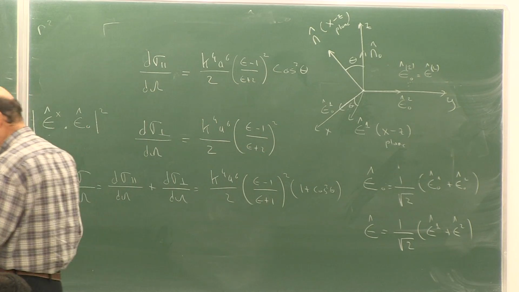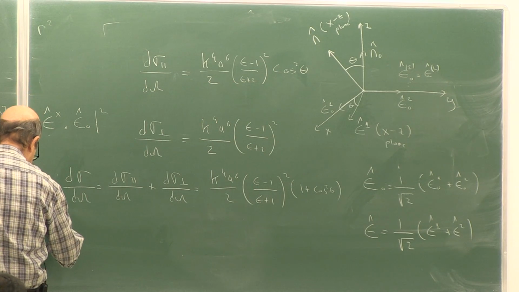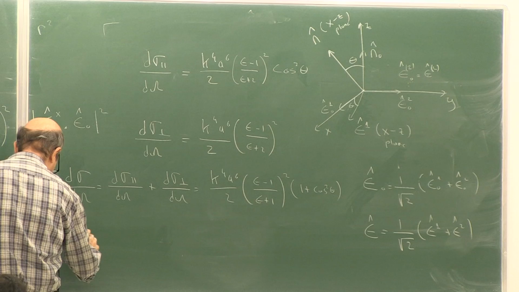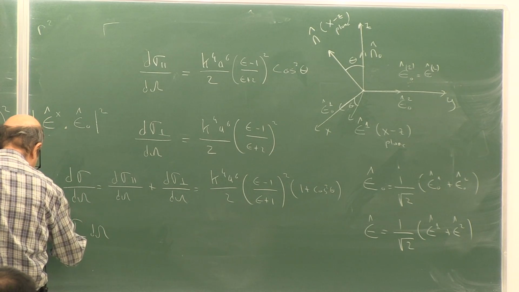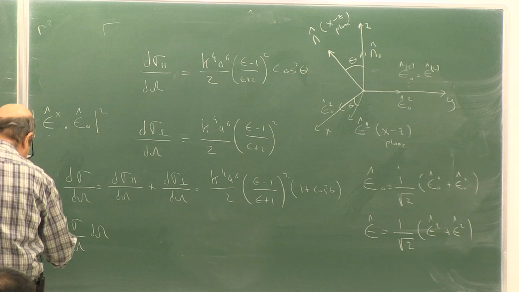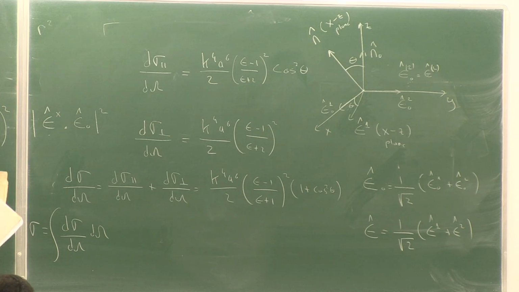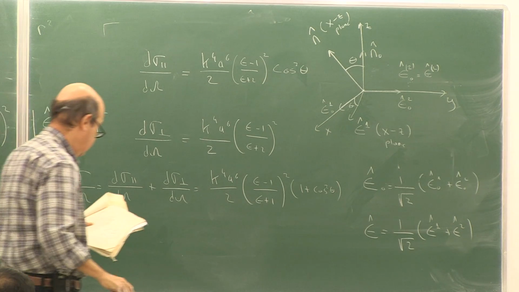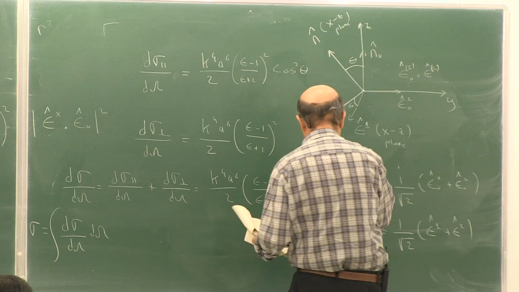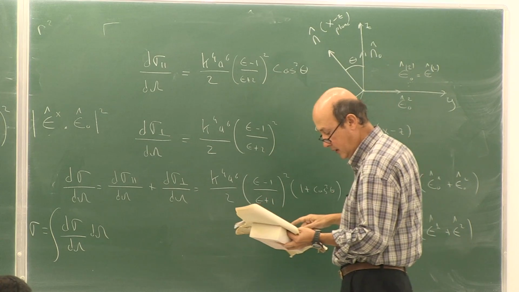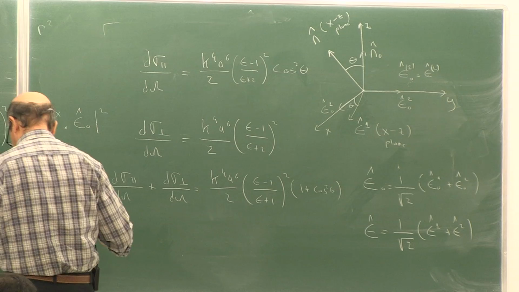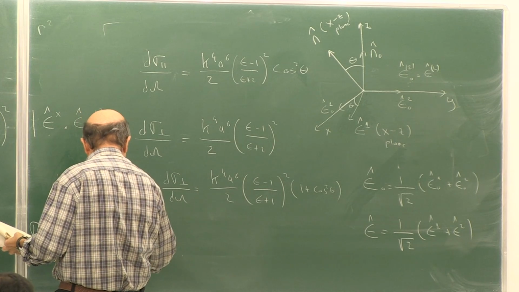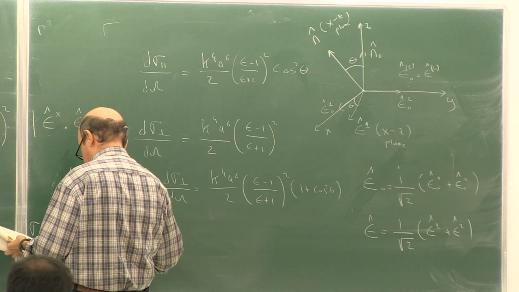And if you integrate this through all solid angles, you can calculate the total scattering cross section, and this whole cosine square integral will be 8 pi over 3, I guess. And if you calculate this through all solid angles, you will get the result of 8 pi over 3.